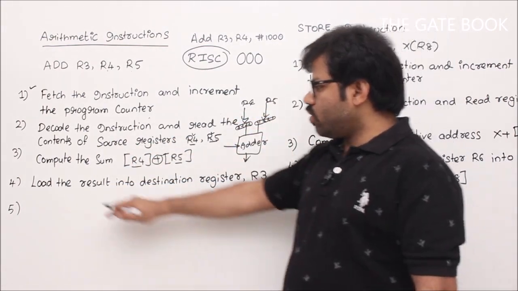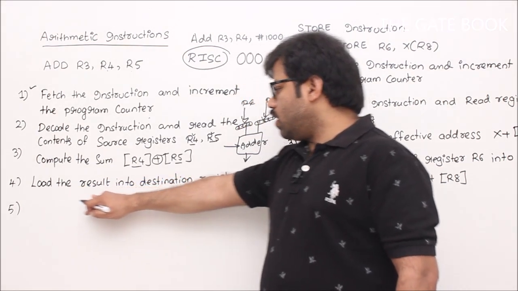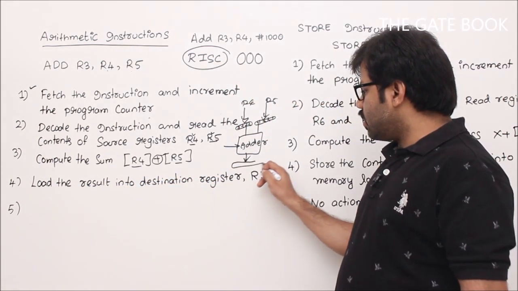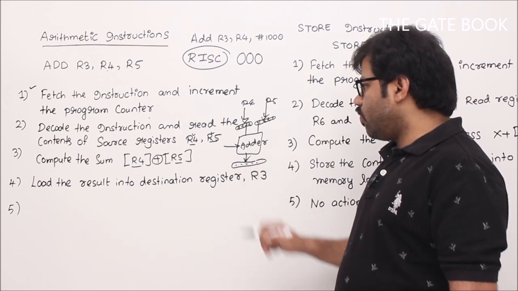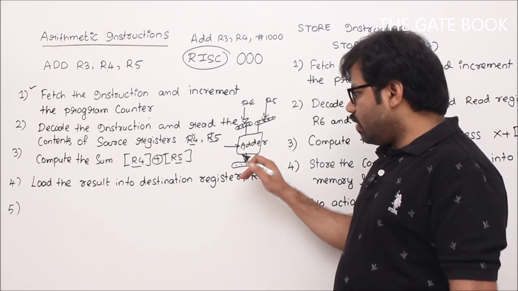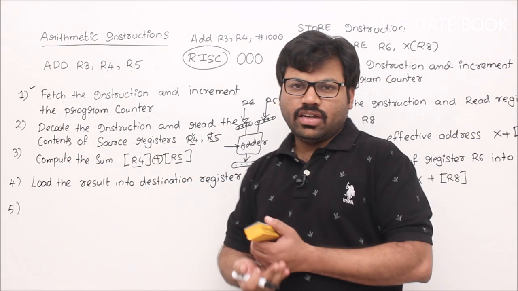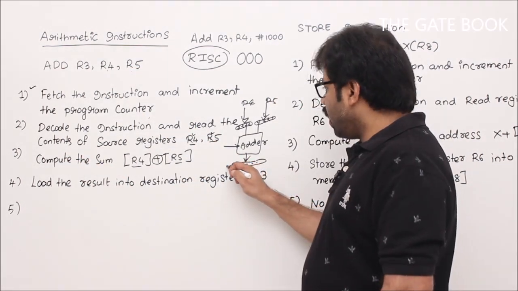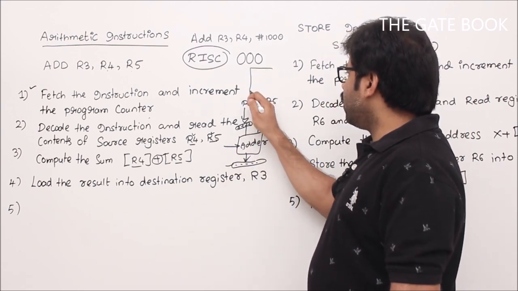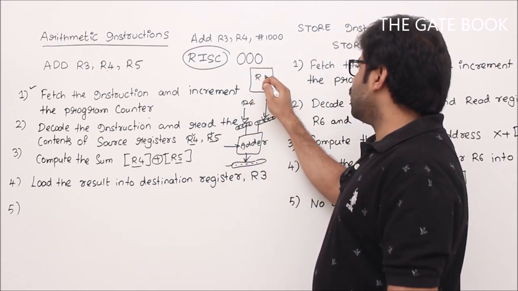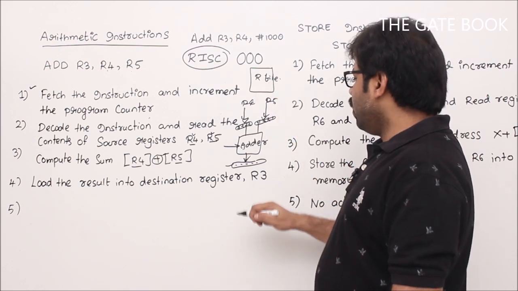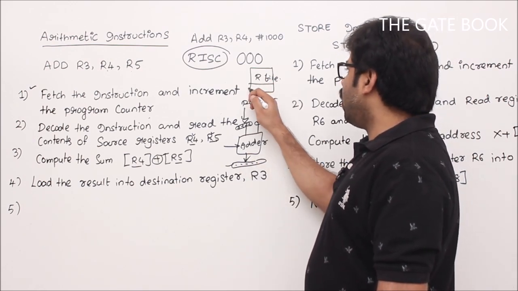Now after that, the fourth step. Load the result into the destination register R3. We already have the result after the third step. So that result we have to load into destination register R3. Obvious, right? Now we have to take this data and go to the register file, correct? In the register file there will be a register called R3.